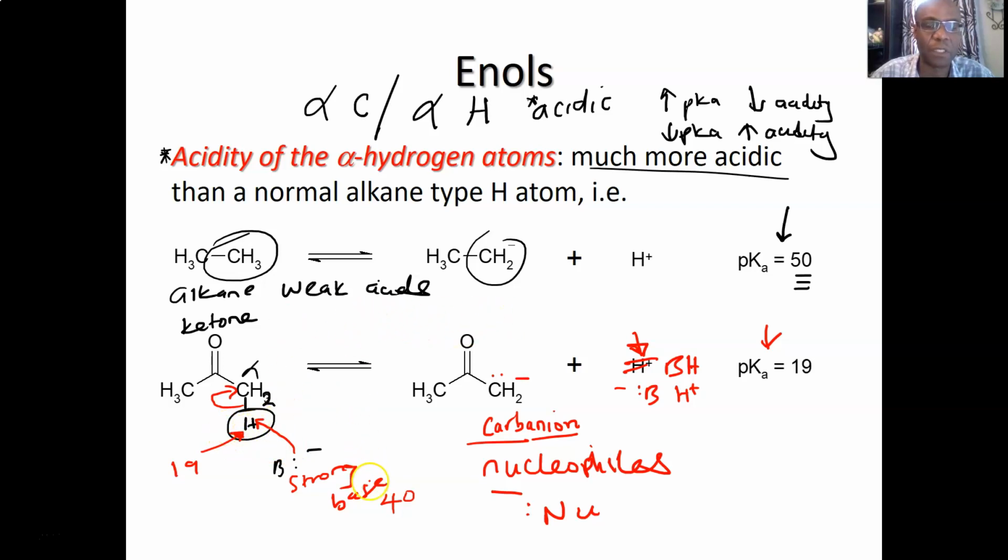But a base with a pKa of about 40 will not be able to take out the hydrogen from this carbon, because that number is lower than 50. So if this is 28 or 27, that can take out that hydrogen. Comparatively you can take it out because it's a stronger base than this hydrogen, so to speak.